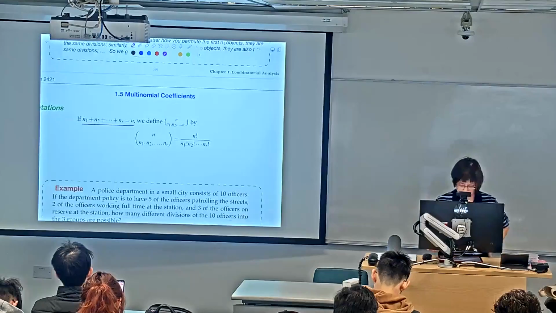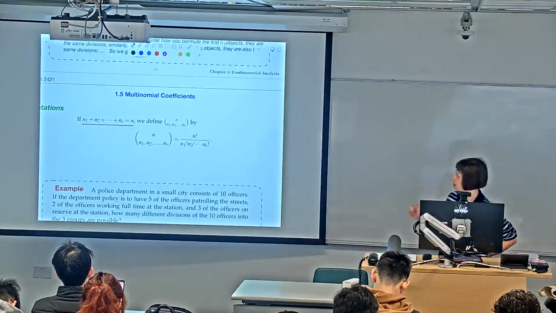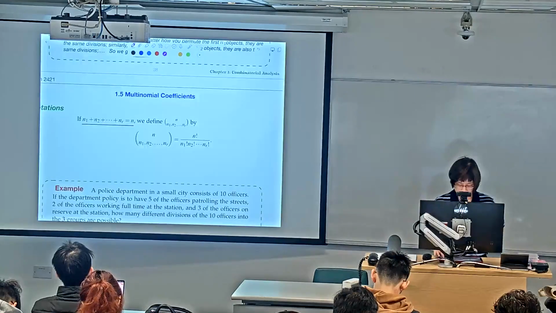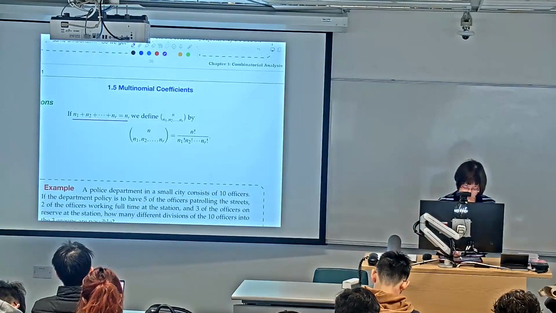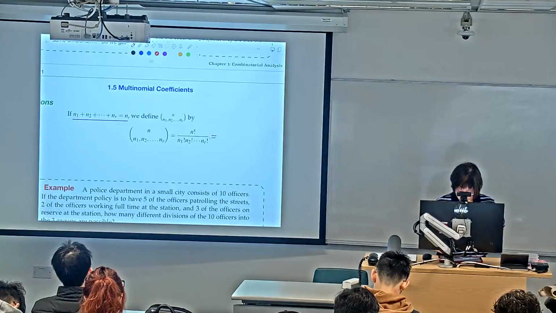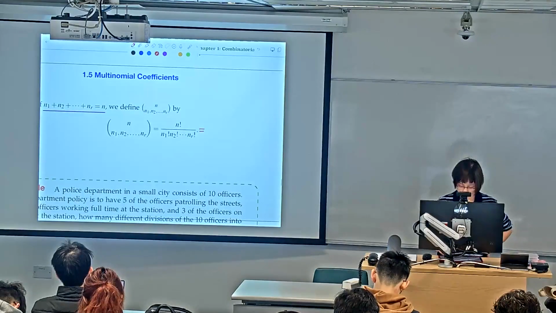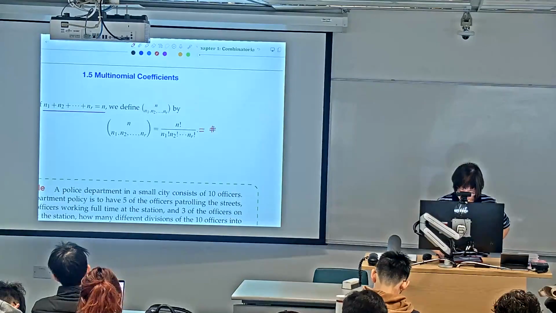This notation means this quotient. And also, let me put how we interpret this number so it's convenient if you want to refer to it.